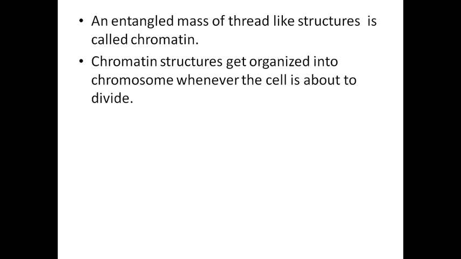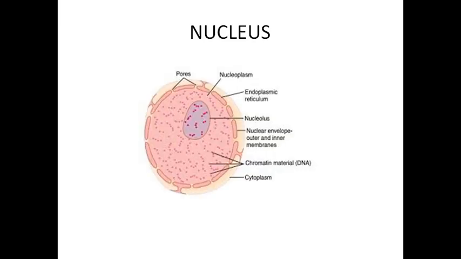These chromatin structures get organized into chromosomes whenever the cell is about to divide. Now have you seen the nucleus? You have seen the nucleoplasm, the pores, the endoplasmic reticulum, the nucleolus, the nuclear envelope and the inner membrane. These are the chromatin material which consists of the DNA, and you have the cytoplasm around the nucleus.